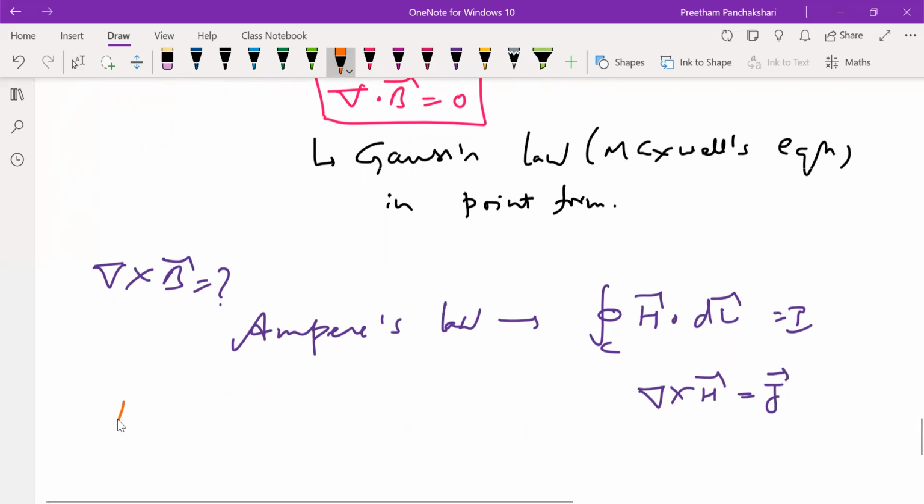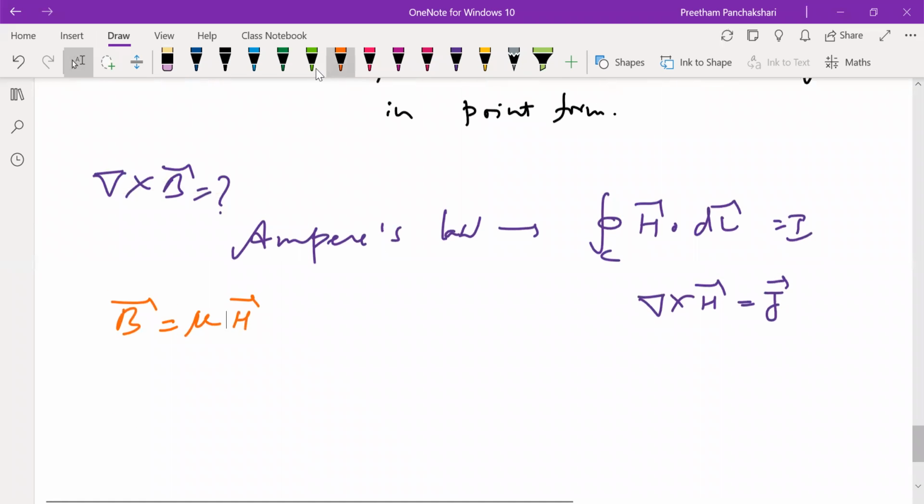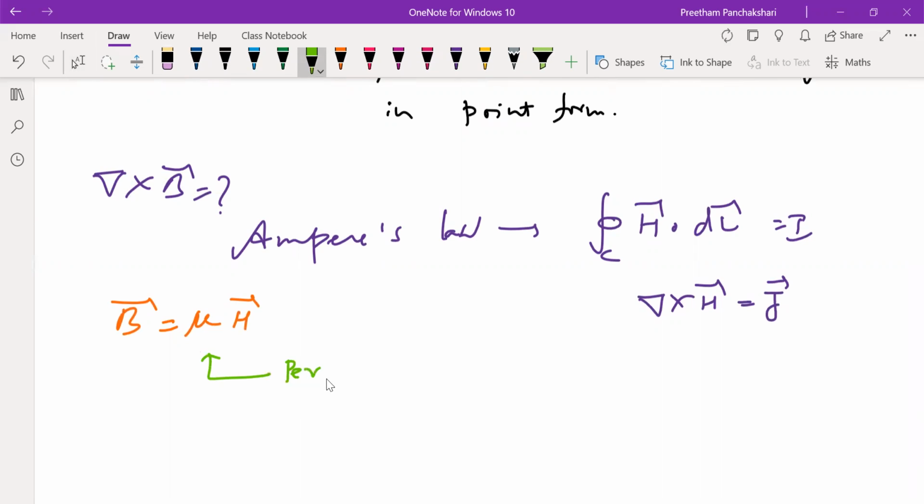But B and mu are related to each other by the equation B equals mu H. Mu is the permeability of the medium in which H and B are measured.